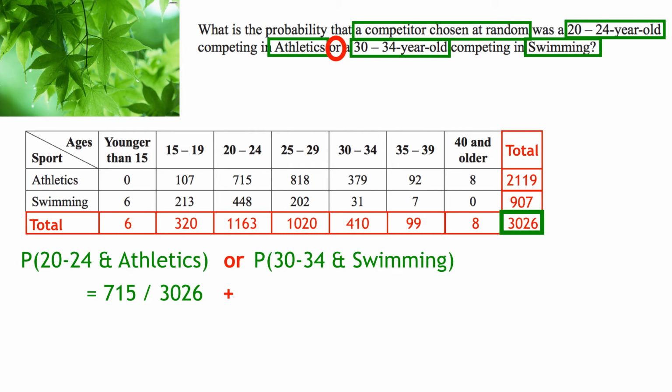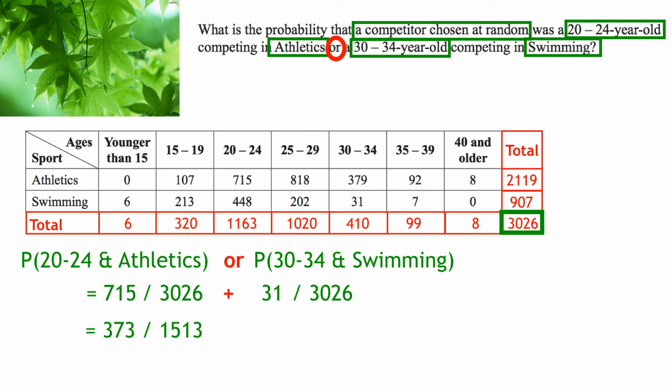And then the probability of the 30 to 34-year-old who is a swimmer. So I'm looking at the combination of those, and there are 31 competitors who are 30 to 34 years of age and swimming. So it's 31 out of the total 3,026. So these are the two probabilities we are adding together.